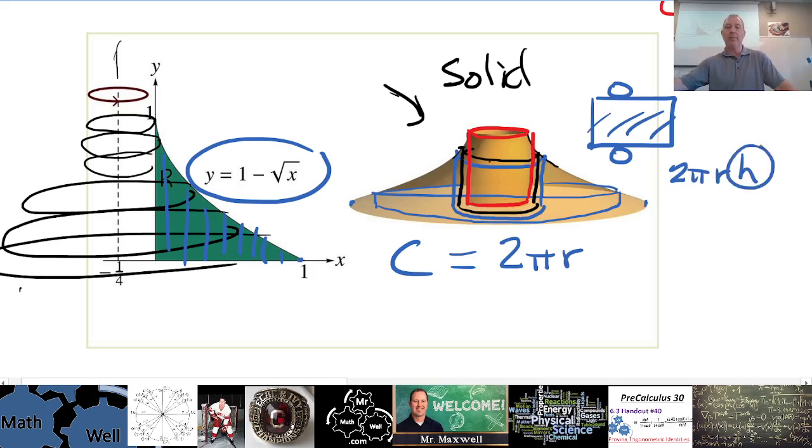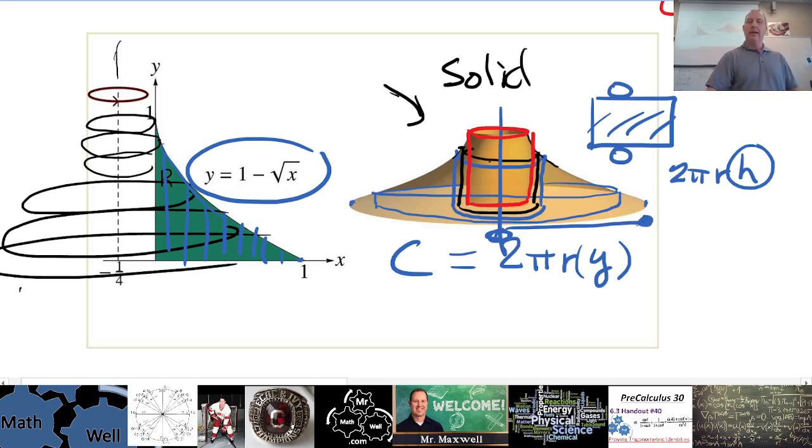The h just happens to be the function height in this simple example. So we've got 2 pi r times h, or times y, the function height. And of course, we're going to let this go from this starting point out to this starting point for r.